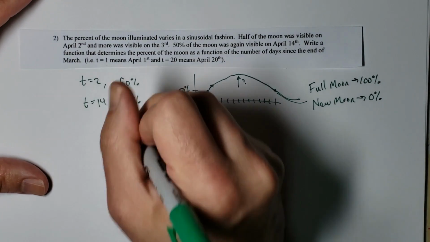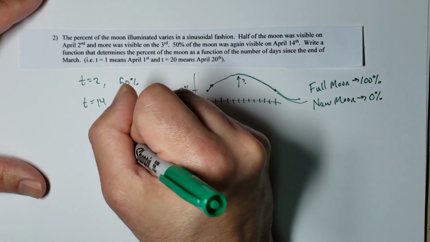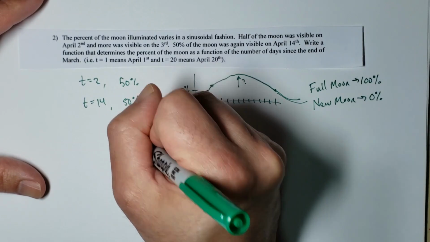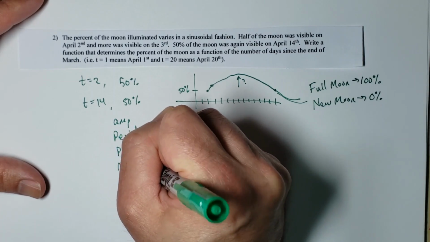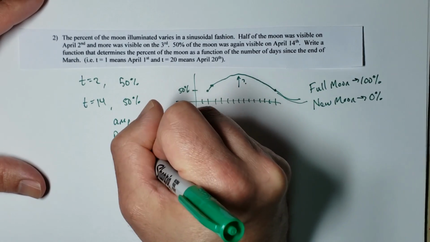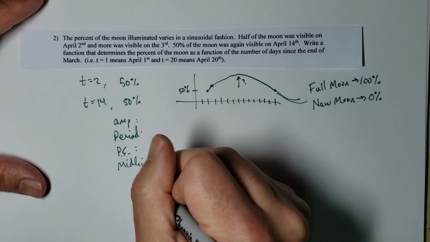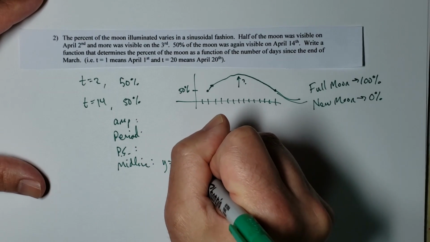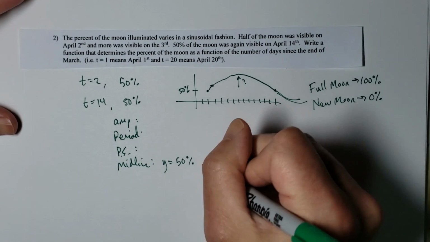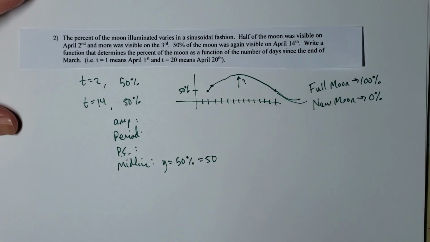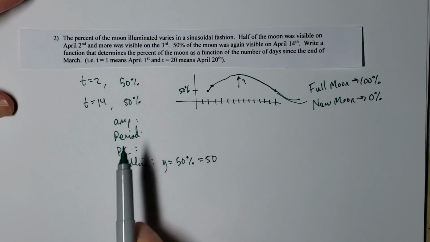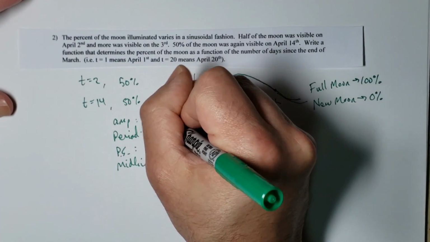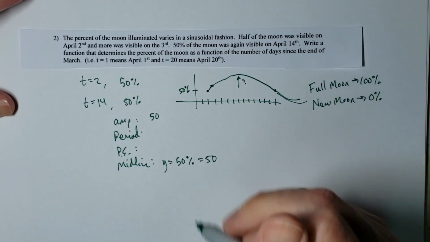Okay, so from this we should be able to find our amplitude, our period, our phase shift, and our midline. Okay, so the midline is going to be 50% because that's the middle. And we're just going to think of that as 50. And you could have also done 0.5, and I would not have marked that wrong. The amplitude then is also going to be 50 because we go up to 100% or down to 0.